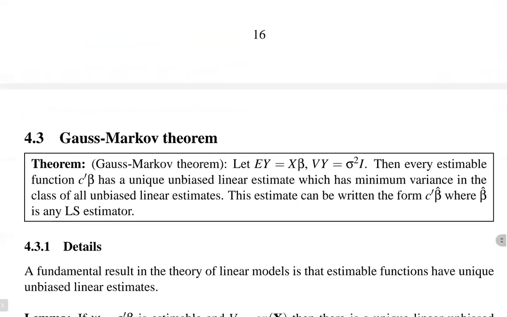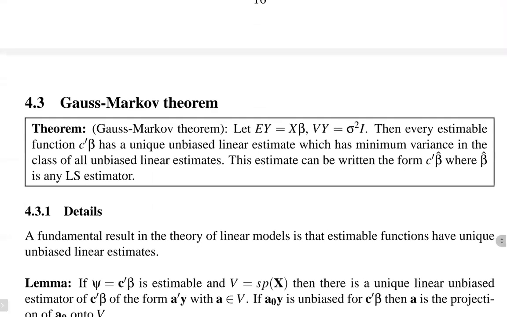Now there's a theorem which tells us that every single estimable function has a unique and unbiased linear estimate, which has the minimum variance in the class of all unbiased linear estimators.